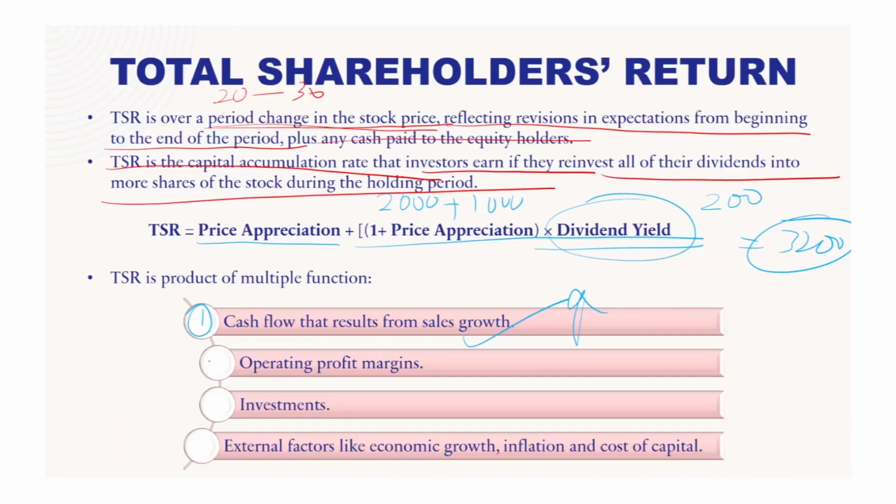The second one is operating profit margin. Through the production process, the company converts the raw material into a product. The product, semi-finished or finished, will be sent towards packaging and sold to the consumers.